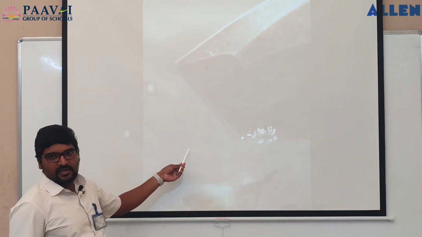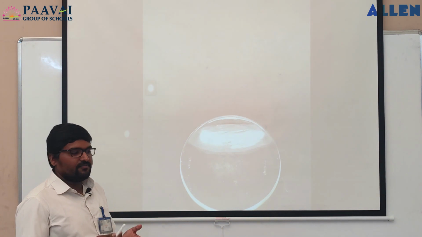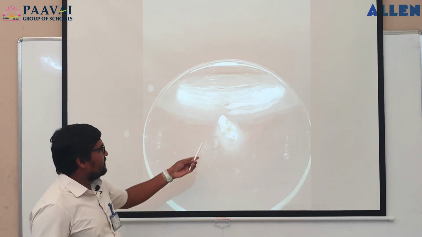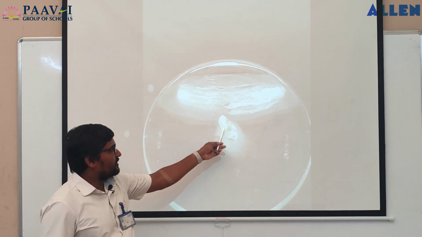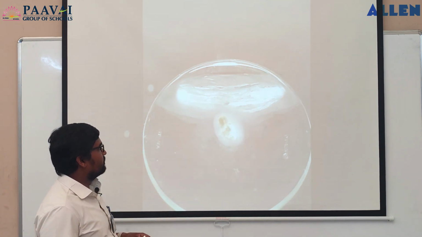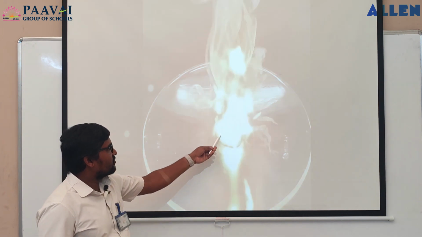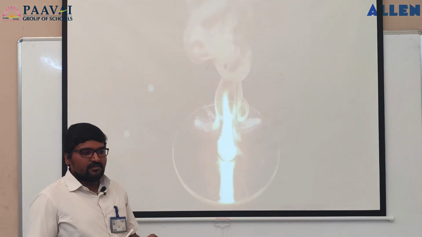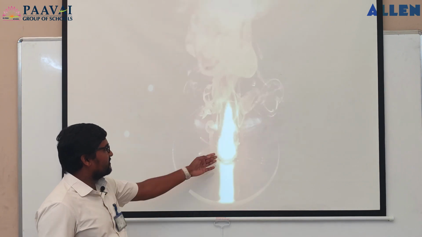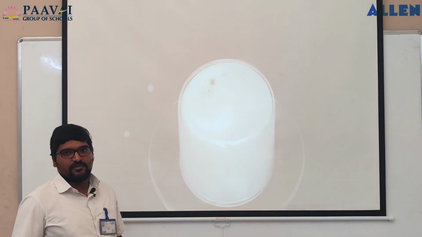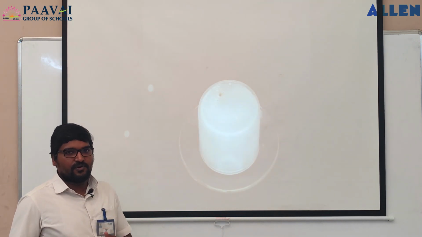These white fumes are the oxides of phosphorus, mainly P4O6 and P4O10. And when we ignite this white phosphorus with the burner, you can see, yeah, it will explode. It is an explosive reaction, and it is producing the oxides of phosphorus, mainly P4O6 and P4O10.